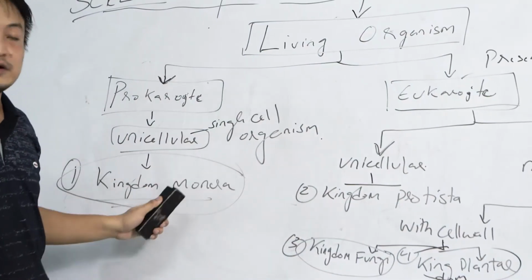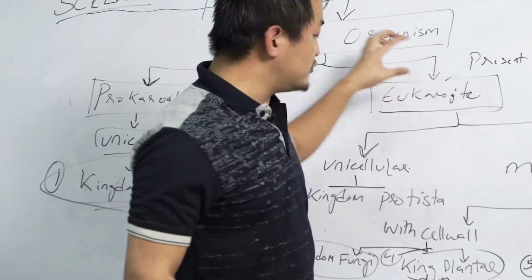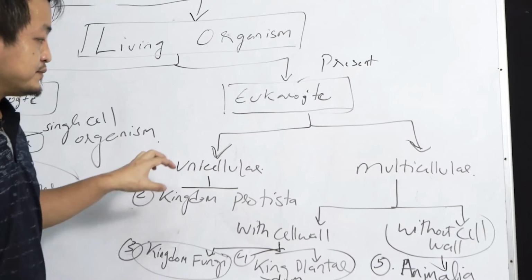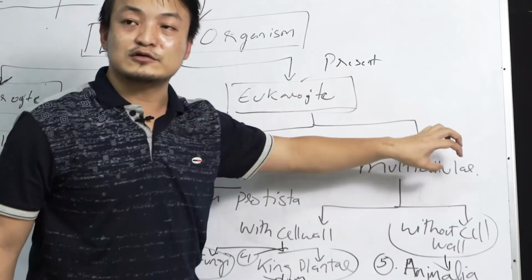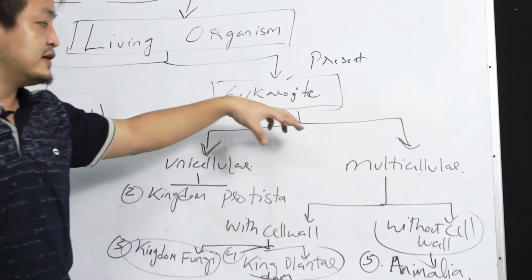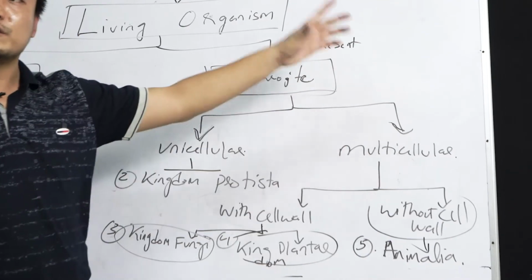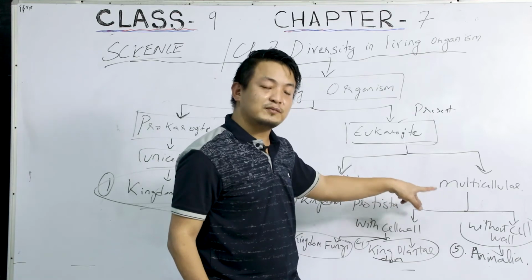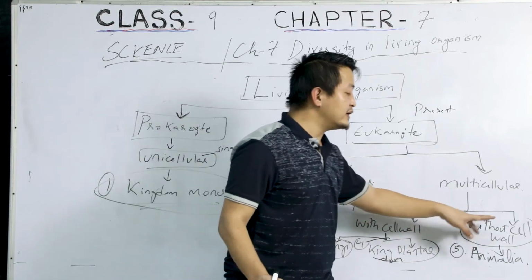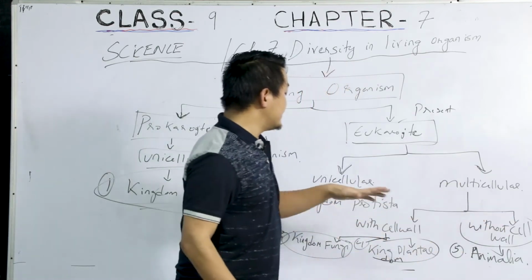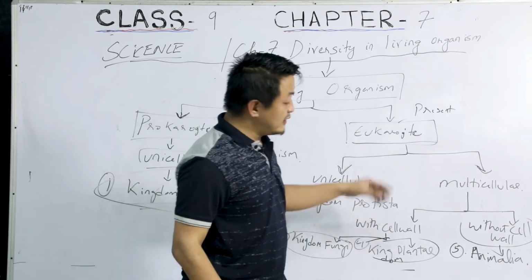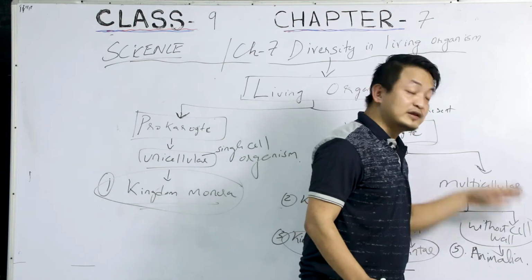Now in eukaryote, we have unicellular as well as multicellular. Multicellular means living organisms made up of more than one cell. Here we have two different types of multicellular organisms: one without the cell wall, and the other with the cell wall present. We human beings fall under the without cell wall.